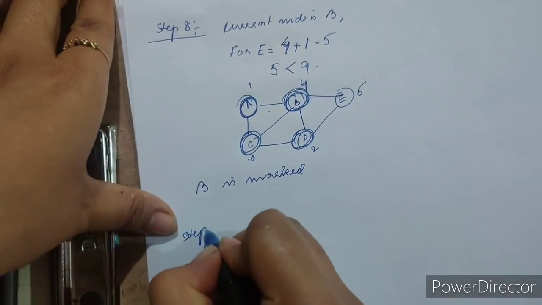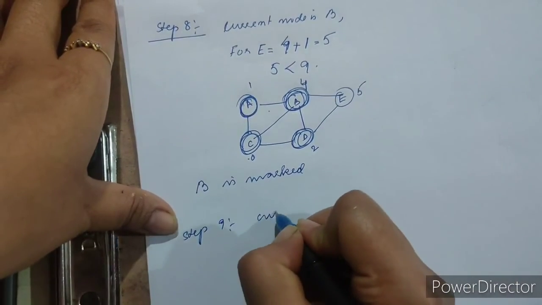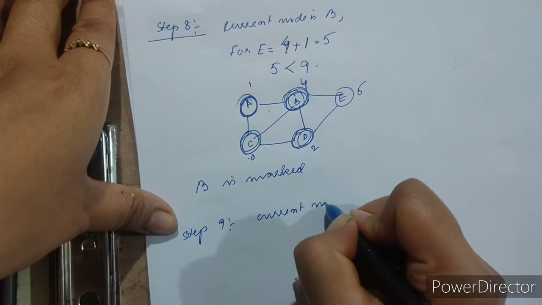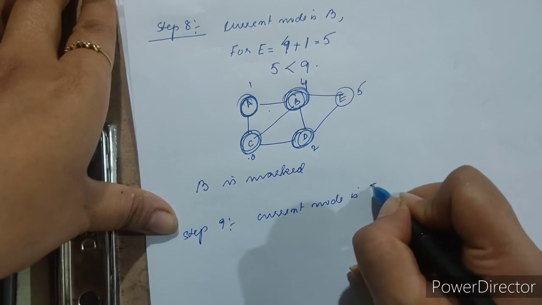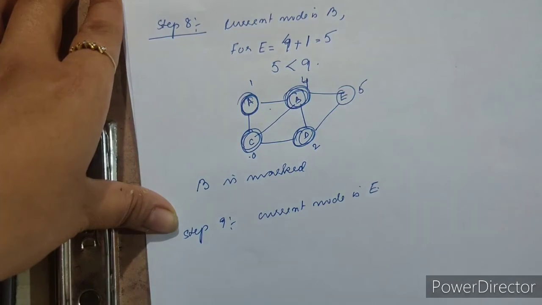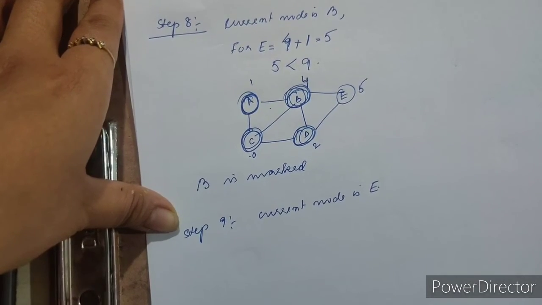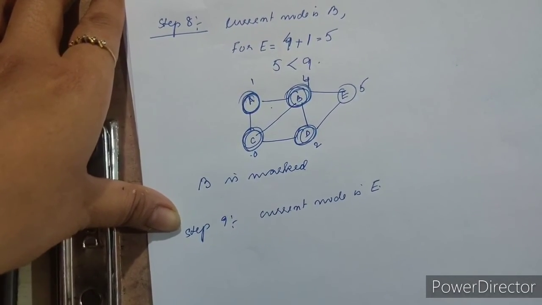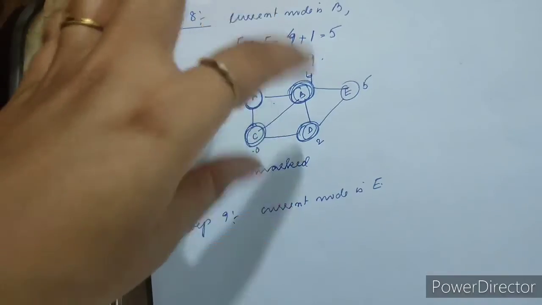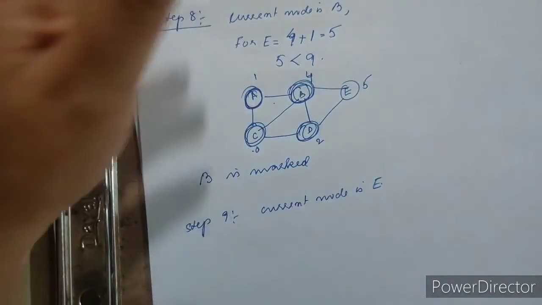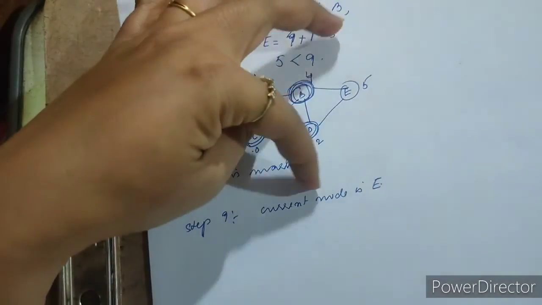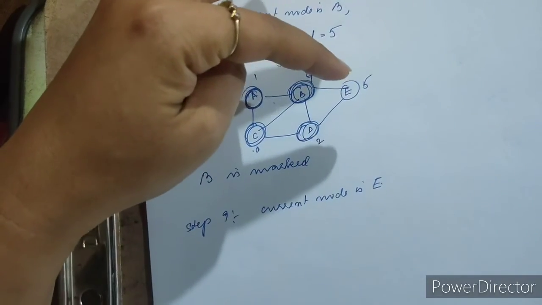Now step number 9. Your current node is E, right? And then what we have to see is that since it does not have any unvisited neighbor, there is no requirement to check anything. Now E is marked as a visited node.